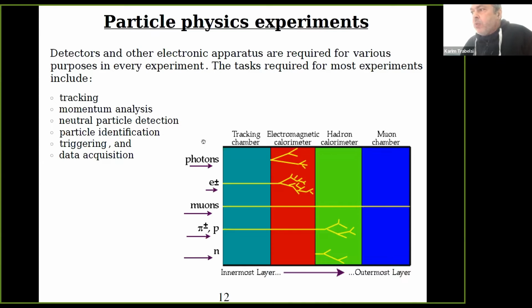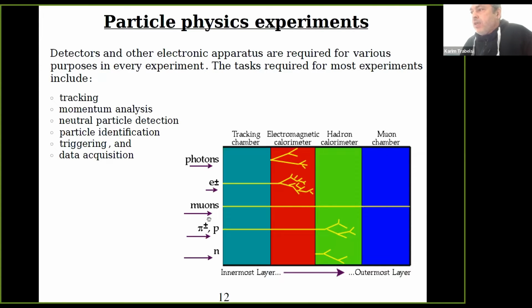The electron will be similar in its interaction with the electromagnetic calorimeter, whereas it will also be seen by the tracking chamber. So already here, it forces the ordering of the tracking chamber inside the detector and outside the calorimeter. You can imagine if you put the electromagnetic calorimeter first, then you will not be able to measure the momentum of the electrons.